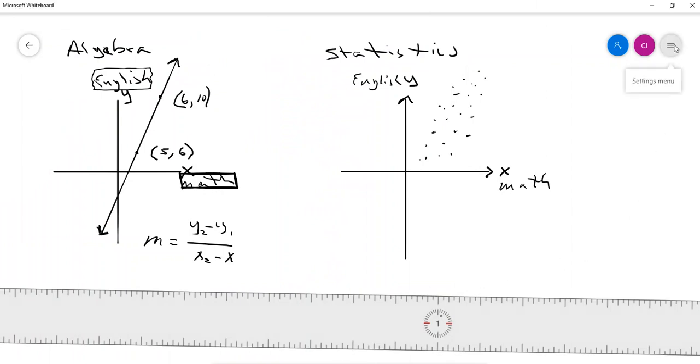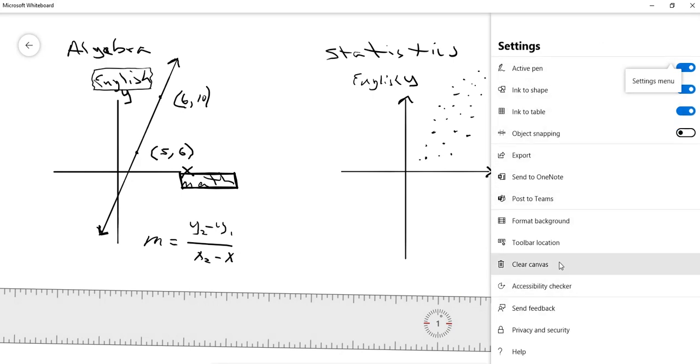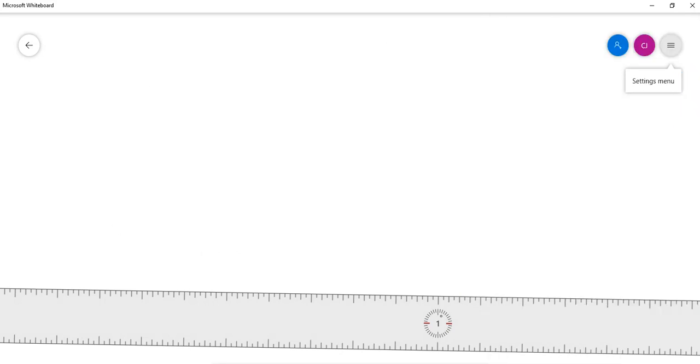So I'm going to clear the canvas, and I'm going to put this away, and we're going to write up here our correlation coefficient.